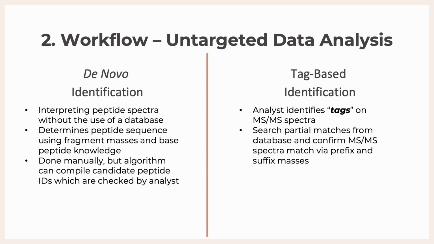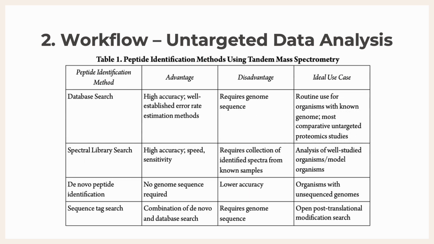Important to note that the suffix masses may vary, which is the reason why this method is not commonly used, but it is ideal for any expected post-translational modifications or amino acid variations. So essentially, the method you'll typically be using is the database or spectral library search, but it is important to note that de novo and sequence tag are also very helpful in certain cases.